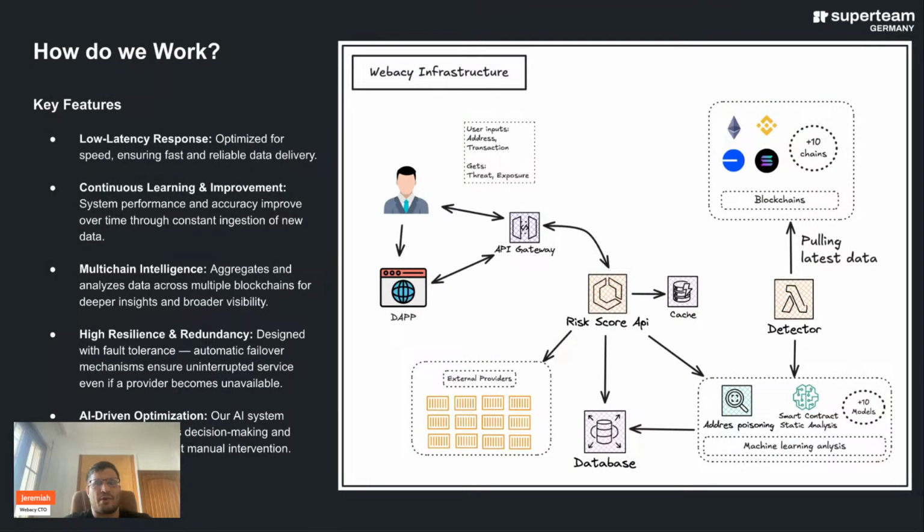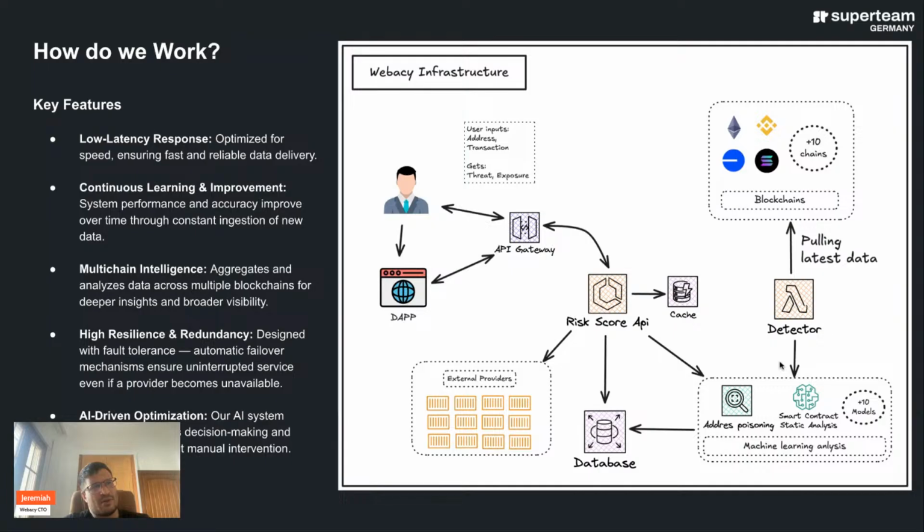Okay, so how do we work? Just in a nutshell, the user logs in with their dApp or their wallet, or they could query our API. They make the request. We're taking in data from 10 plus chains and pulling the latest. So the risk score sends that. We grab that data and score it in our scoring layer.